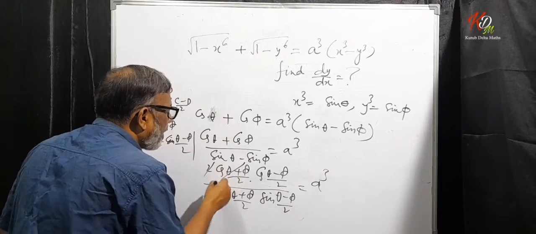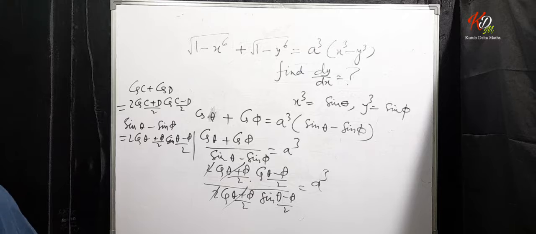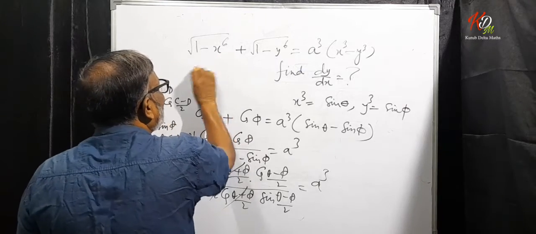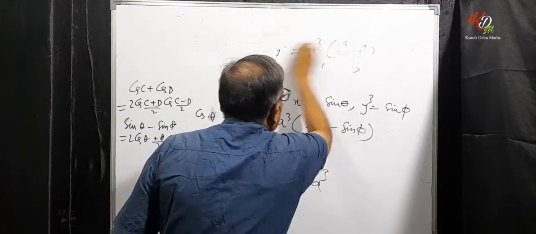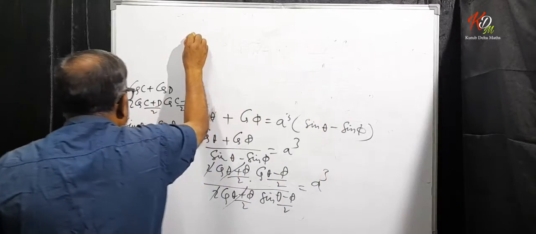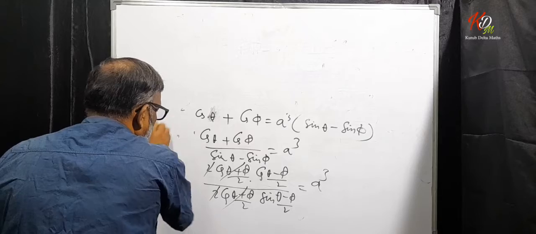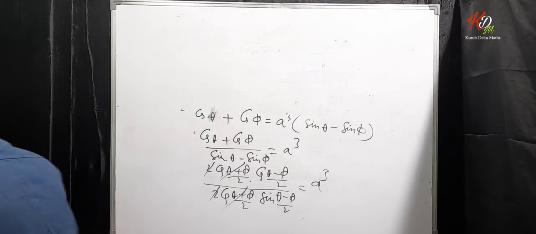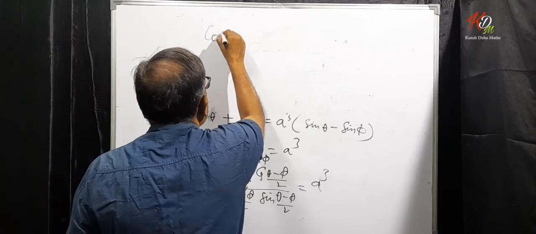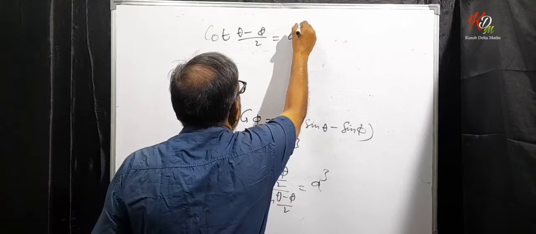Now cancel up and down: cos (theta minus phi)/2 by sin (theta minus phi)/2, cos by sin, here cot (theta minus phi)/2 equal to a cube.